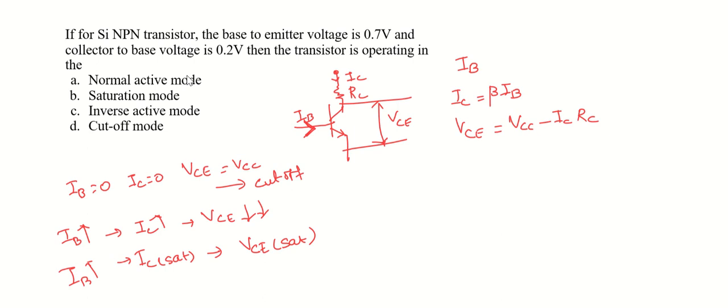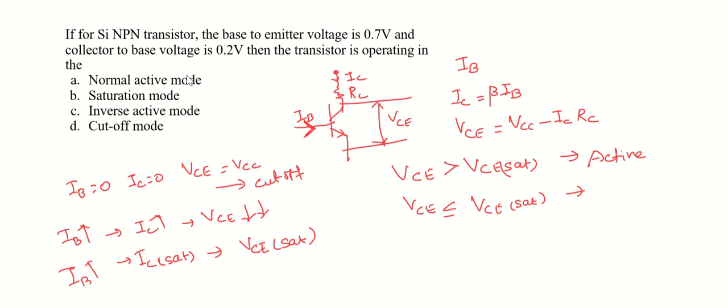Now, when VCE is greater than VCE saturation, the transistor is working in the active region. When VCE is less than or equal to VCE saturation, then the transistor is working in the saturation region. Now we know that this VCE saturation for silicon is 0.2 volt, and for germanium it is 0.1 volt.